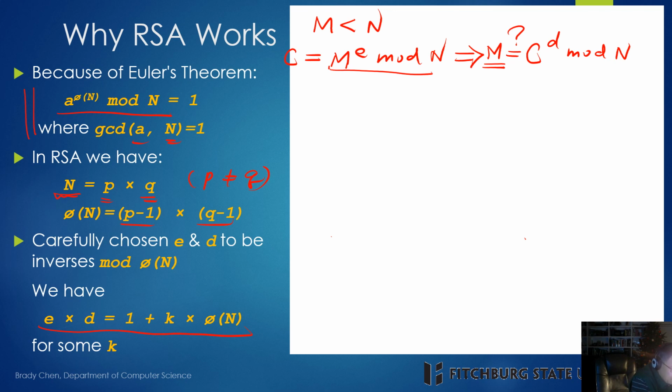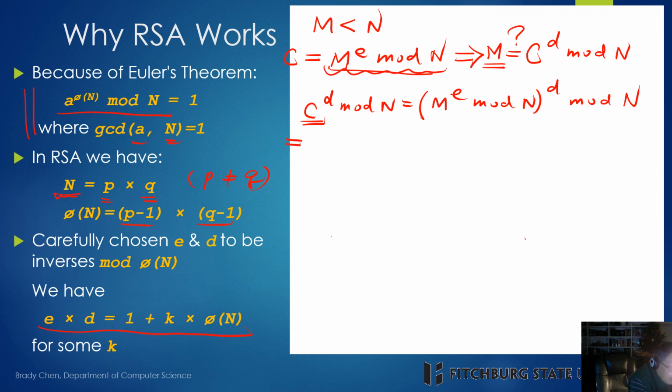Let's see c to the d mod n. We replace c with this expression, because that's how we got c. Then we get (m to the e mod n) to the d mod n.